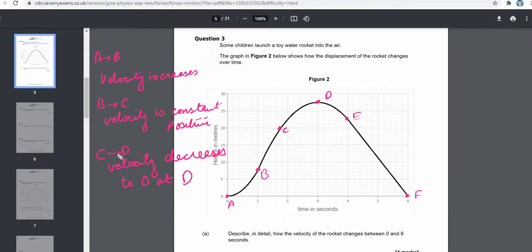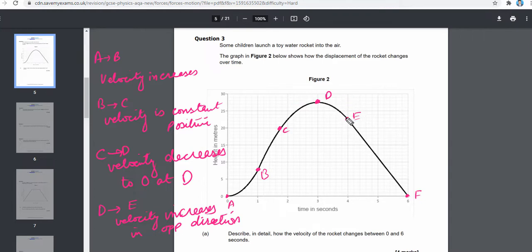Okay, now from D to E, velocity increases in the opposite direction. As you can see, at this point, if we draw a tangent, this tangent will be a horizontal line, so the gradient of this tangent is 0.